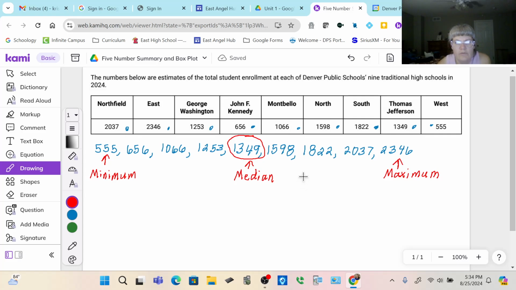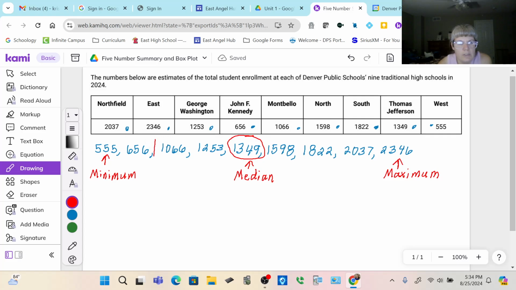And then we have 2 quartiles we need to find. We have a first quartile and a third quartile. What quartiles do is they find the middle below the median, and they find the middle above the median. So I have 4 numbers that are less than the median.